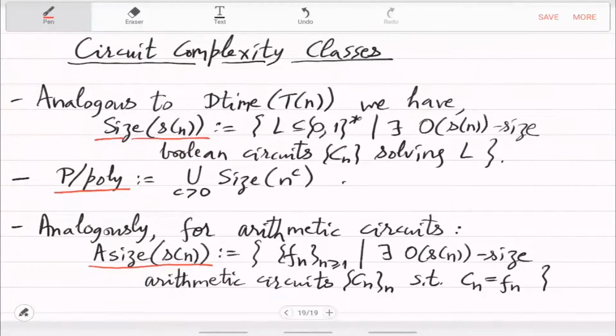And then you can define this complexity class. Let's call it arithmetic P/poly.